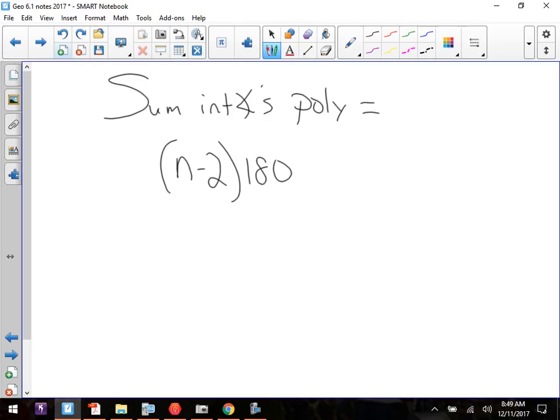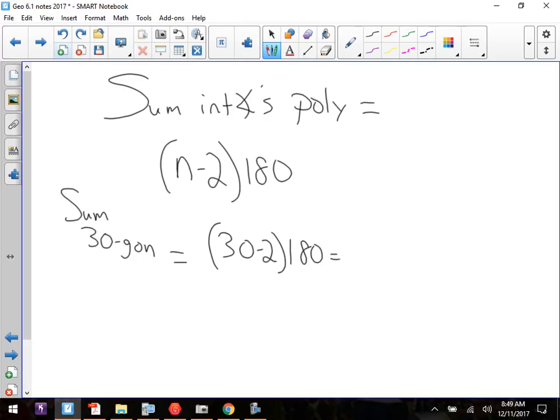So if you have, I want to find the sum of a 30-gon. Well, how many sides is there in a 30-gon? 30, so your n is 30. So the sum of this would equal 30 minus 2 times the 180.